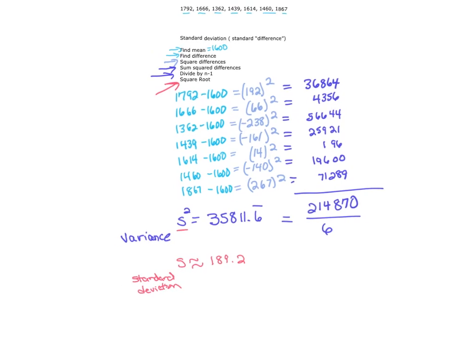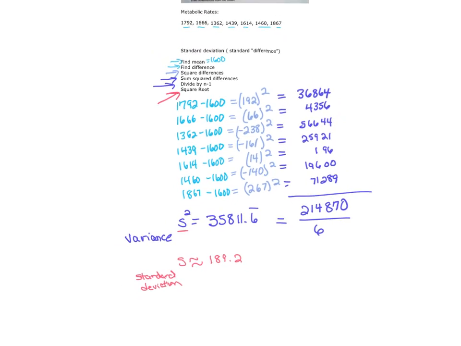So if you think about it, if you were to go back and look at these differences here, let me highlight them for you. If we look at these differences, 192, 66, 238, 161, 14, 140, 267, it kind of makes sense that we would have a standard deviation. If we were to take the average, more or less, that's about what we would have.